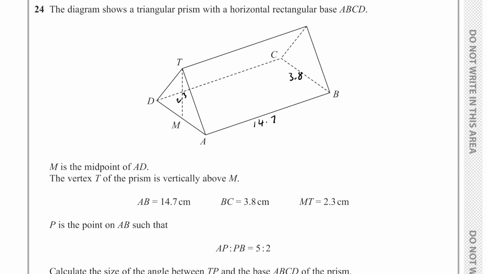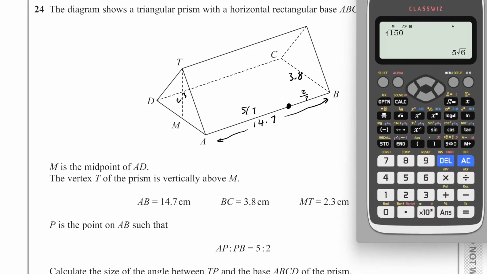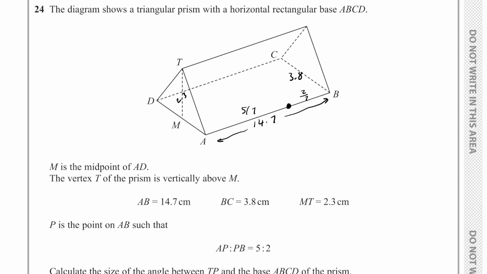P is the point on AB, such that AP to PB is 5 to 2. So somewhere around here, and it's 5/7 and 2/7. So we know the whole thing. So 5/7 of 14.7 is 10.5.